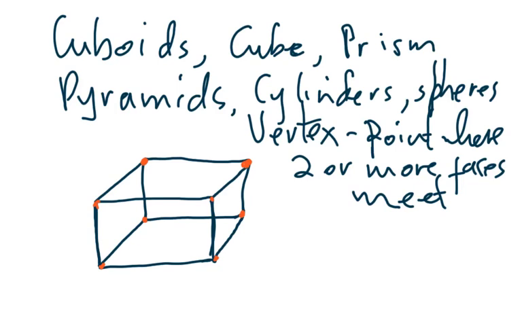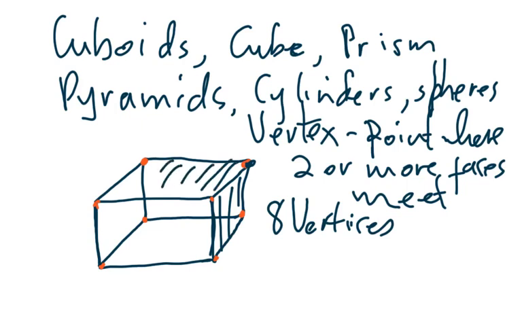So a cuboid will have 8 vertices, and we've defined a vertex as a point where two or more faces meet. Now we're going to define faces. There is one face, and there is the other face meeting there. So a point where two or more faces meet is regarded as a vertex.